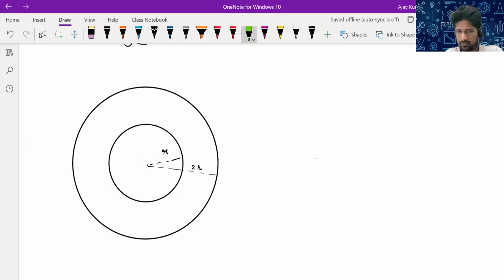Let's give them equal and opposite charges: plus q to the inner one, minus q to the outer one. We know how they will get distributed on concentric shells. Now these two shells will have an electric field between them, which will definitely be non-uniform.